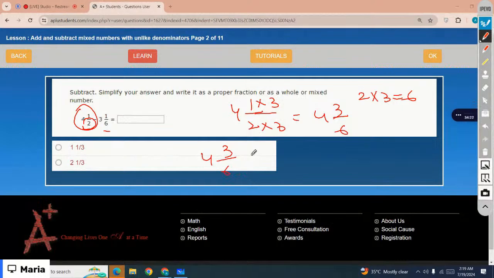I think minus it is. Yes, you have to subtract them. 4 whole 3 over 6 minus 3 whole 1 over 6. Subtract the whole numbers, 4 minus 3 is 1. Subtract the numerators, 3 minus 1 is 2. And 6.